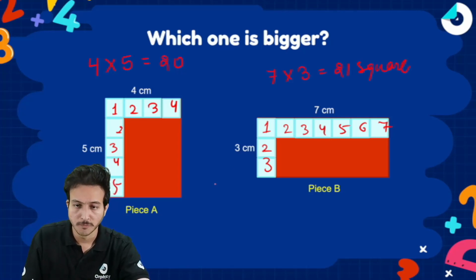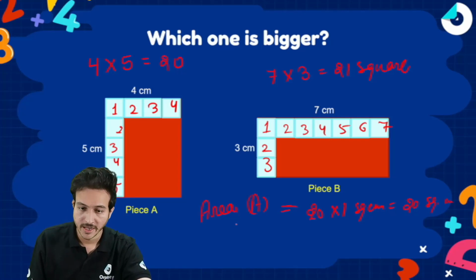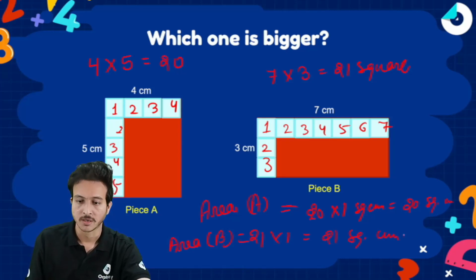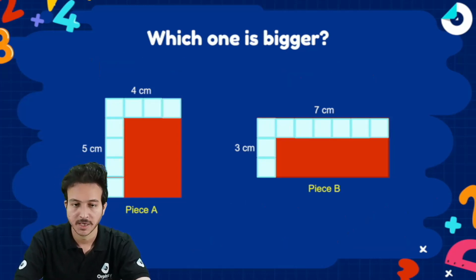So the area of piece A again comes out to be equal to 20 into 1 square centimeter, that is 20 square centimeter, and the area of piece B comes out to be 21 into 1, that will be equal to 21 square centimeter.